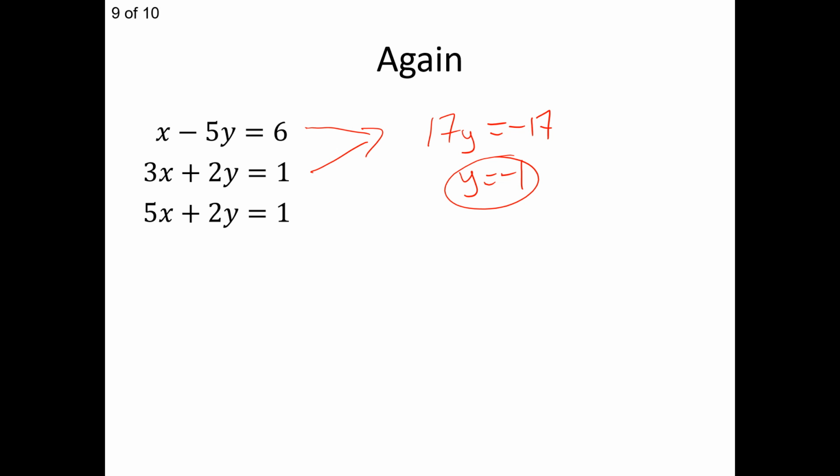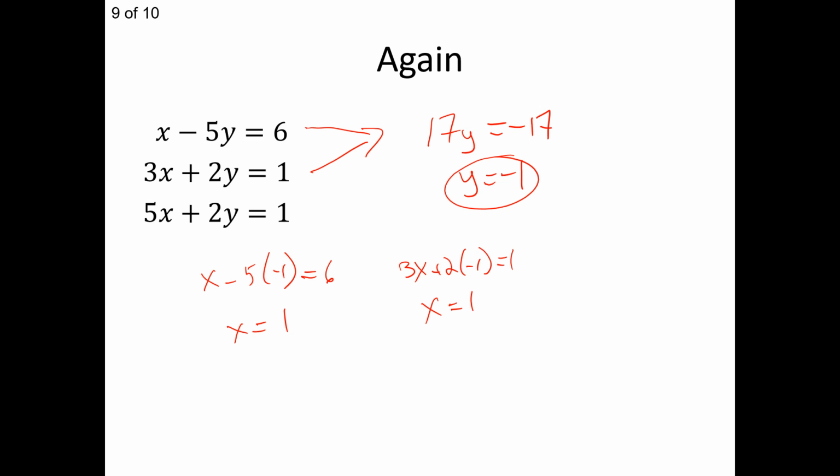So basically I take my top equation, x minus 5 times y, but I've plugged -1 in there. Solve for x, you get x equals 1. Let's do our middle equation there, plug -1 in, which we should expect to satisfy that one. We get 3x plus 2 times -1 equals 1. And again, it satisfies, we get x equals 1.